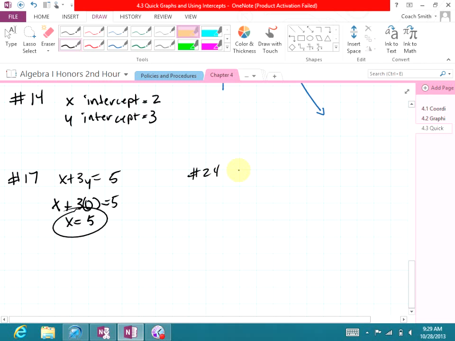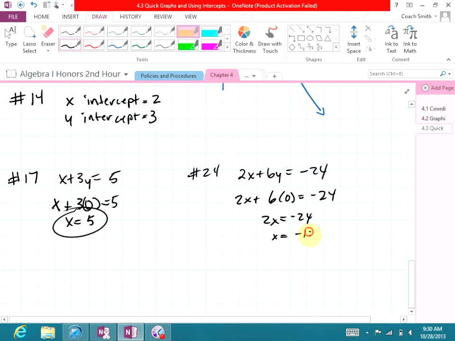24 says 2x plus 6y equals negative 24. They want you to find the x-intercept. So that's 2x plus 6 times 0 equals negative 24. And so that's just 2x is equal to negative 24.